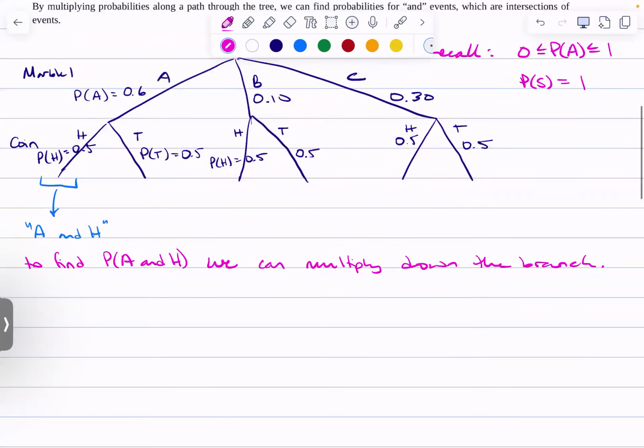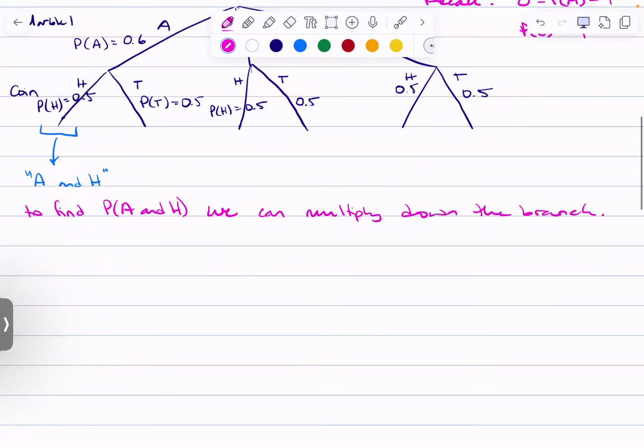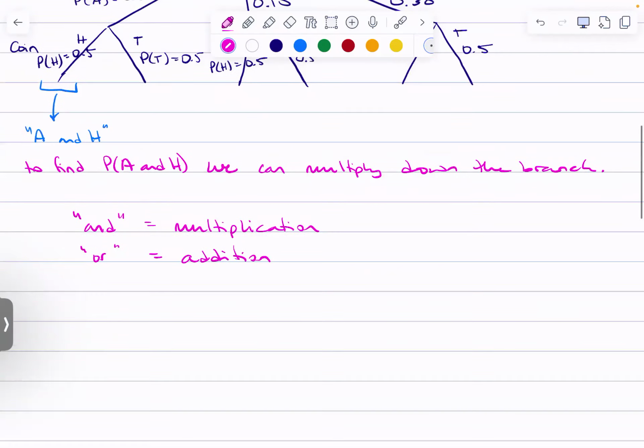We've seen that before, right? When we say and, it's going to mean multiplication. So here I'll add that and is multiplication, whereas or is going to be addition.